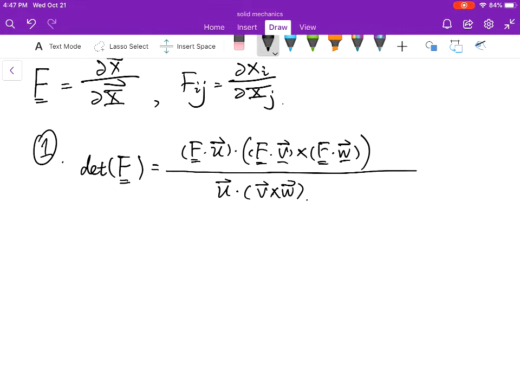Okay, so this is the general mathematical definition of the determinant.